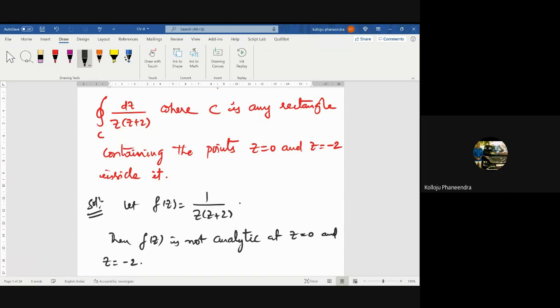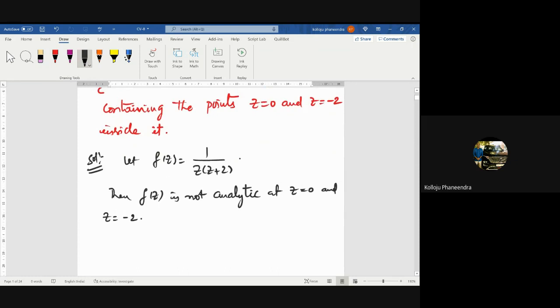These singular points, z equal to 0 and z equal to minus 2, lie inside the given rectangle.